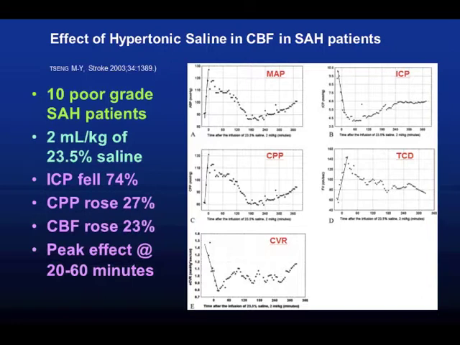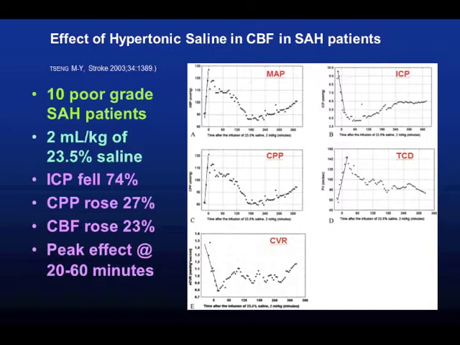If the blood pressure is low and you want to give volume resuscitation, use the hypertonic, because that's what it's going to do. It's going to load and expand the intravascular compartment. On the other hand, if the patient is fluid overloaded or has left ventricular dysfunction, CHF, avoid hypertonic like the plague.